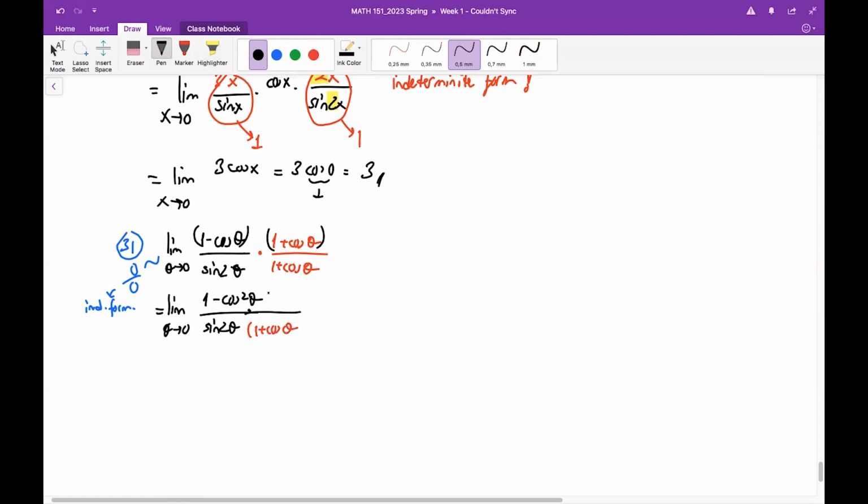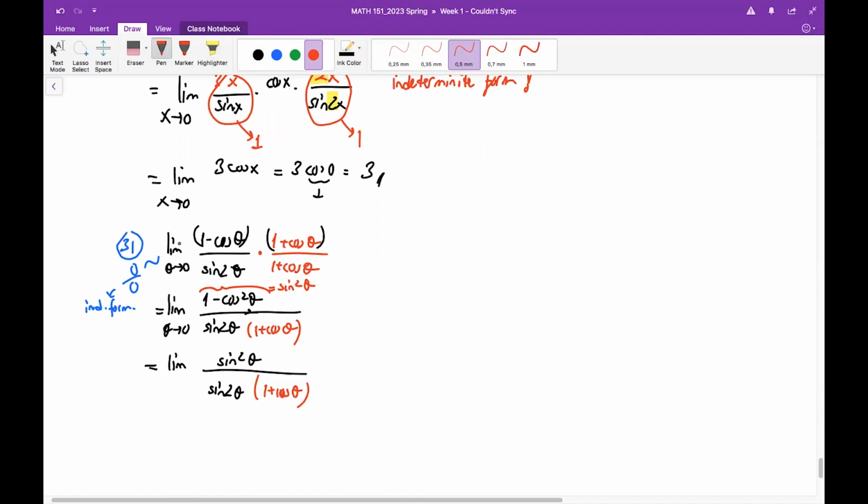What is 1 minus cosine square in terms of sine? Can you tell me an expression in terms of sine for this part? Sine square. Exactly. This is sine square theta. Thank you for your contribution. So we have sine square theta, sine 2 theta, and 1 plus cosine theta.